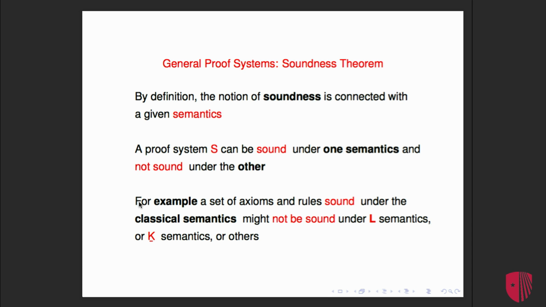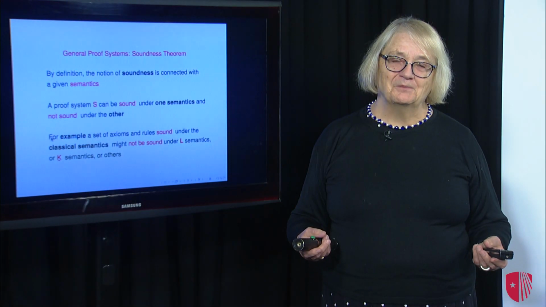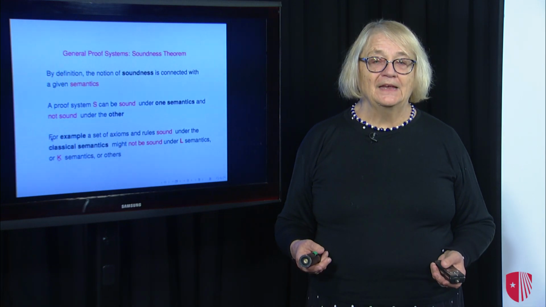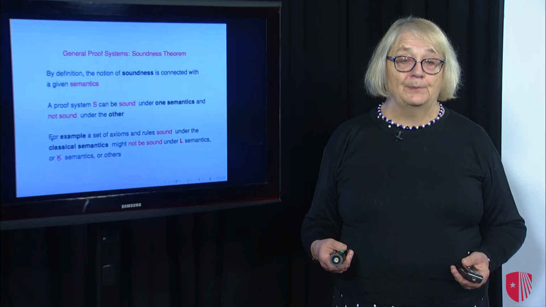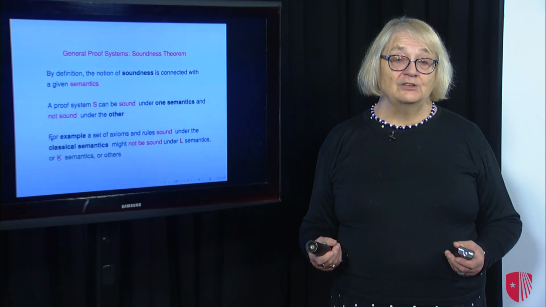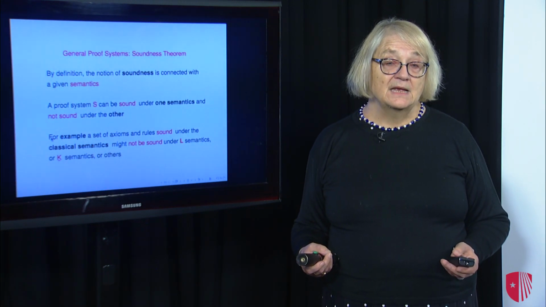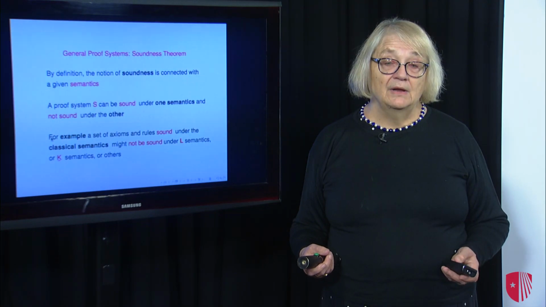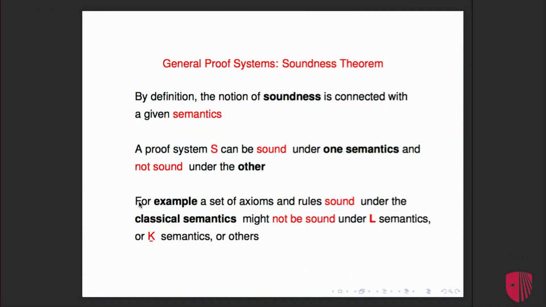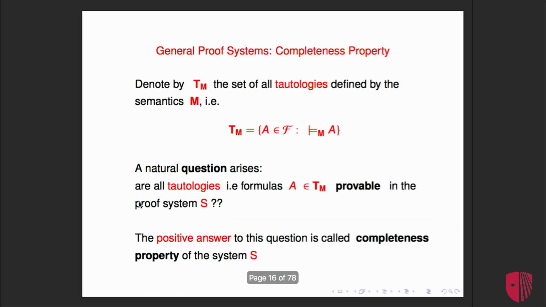If your semantics is well sorted in your head, your proofs are correct. It means true. So, for example, a set of axioms and rules sound under classical semantics might not be sound under Łukasiewicz semantics, which we covered, or many other semantics.